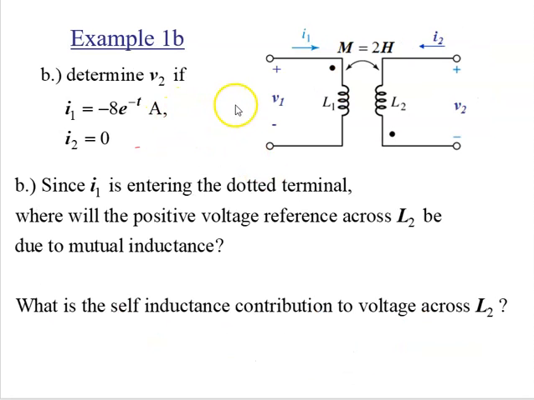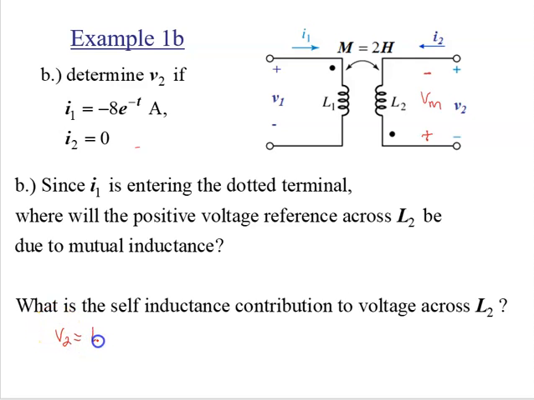Here we have a slightly different problem. We have I1 flowing into the dotted terminal, and we want to know what V2 is. So now we can determine our V2 the same way. Since I1 is flowing into the dotted terminal, we're going to get our VM at the dotted terminal. So this is going to be the direction of VM.